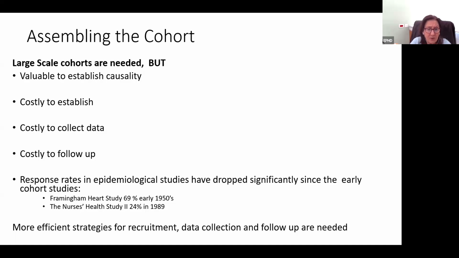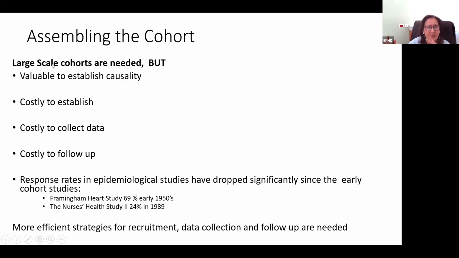So we want a large cohort study, because this is all about seeing outcomes and looking at risk, and you want to have power. So you want to have a large scale cohort, and they are needed and very valuable to establish.